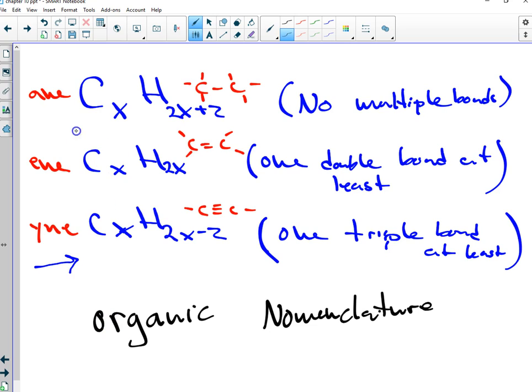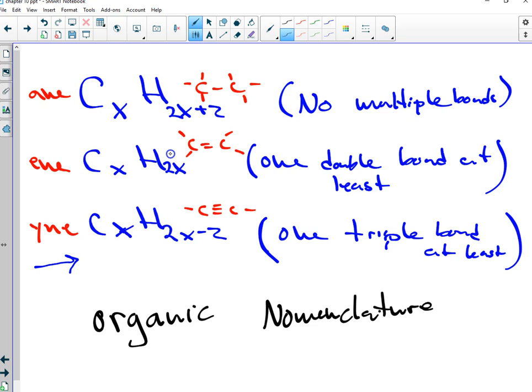So we could have propane, propene, or propyne, and the ending tells you what types of bonds you have in there. The prefix is just always the thing that tells you the number. So pro means 3. All right? And I think we went over that as well. And I'll go over it right after this slide.